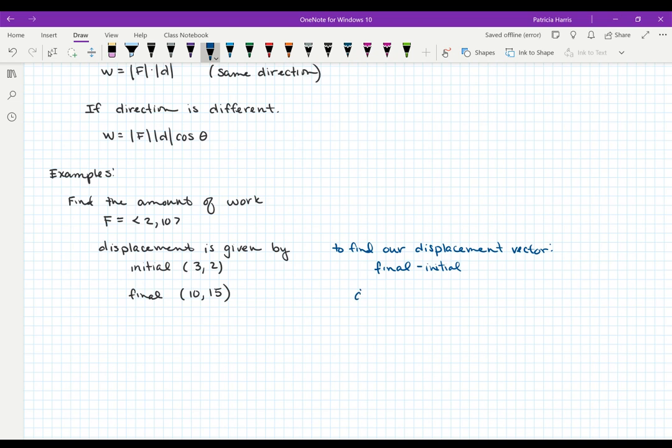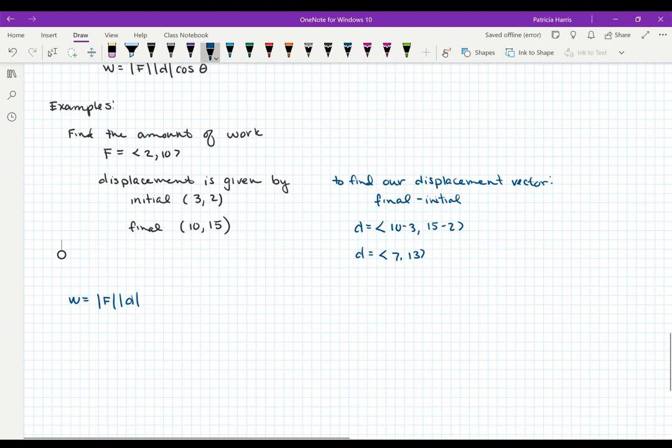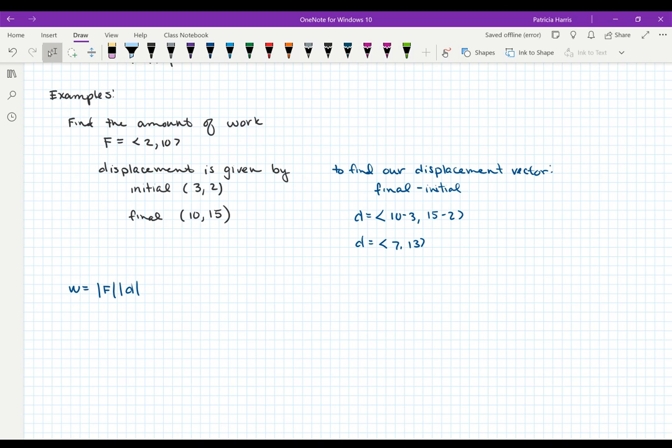So 10 minus 3, 15 minus 2. Oops. So 7 and 13. Okay, so everything's moving in the same direction. So to find our work, we need the magnitude of the force times the magnitude of the displacement. Okay, let's find those.